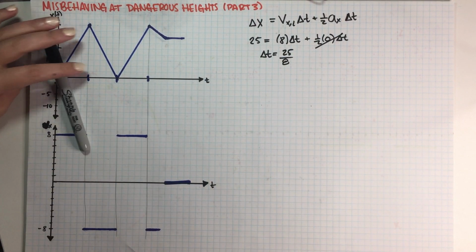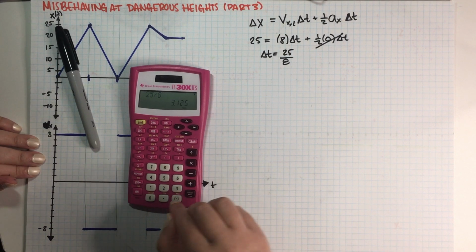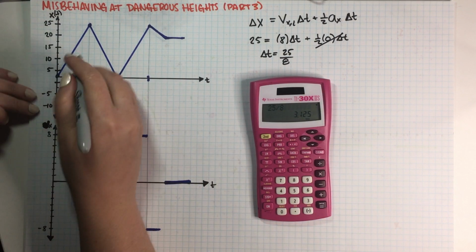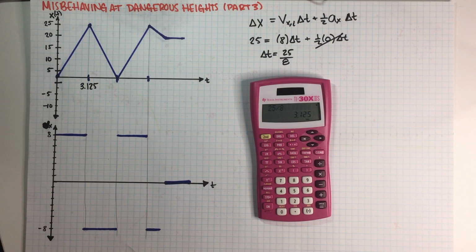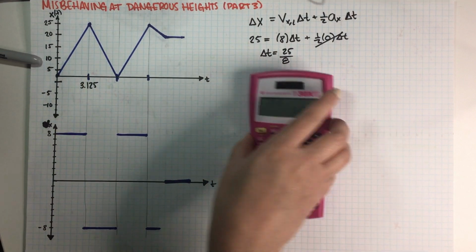So let's see. 25 over 8 is equal to 3.125. There we go. Okay, so now I guess I can just multiply by 2 because this is very symmetric.